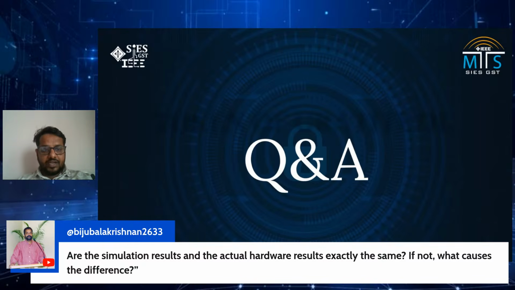Generally, simulation results will match the hardware result 70-80%. In hardware there are also differences like temperature. If you model temperature, parasitics, everything, then it will match about 90% of the hardware result.